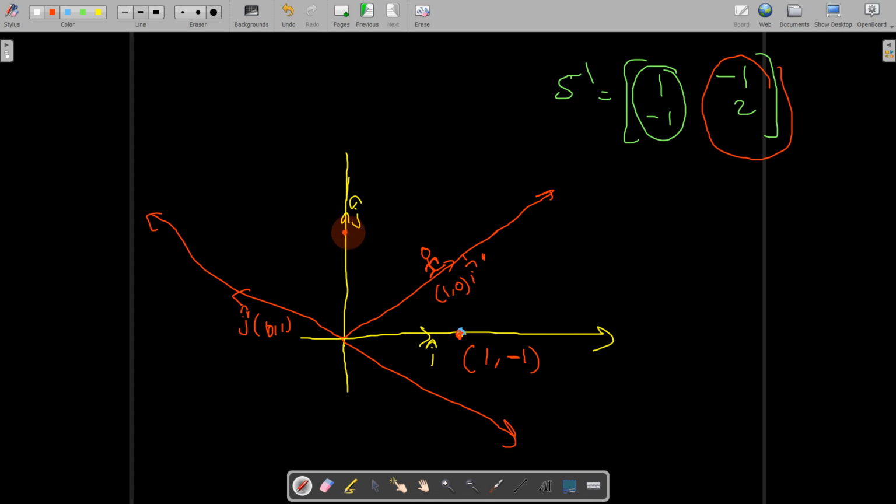So this is minus 1 comma 2. You are right now in the eigen coordinate system. Eigen coordinate system means your eigen vectors are your i cap dash, j cap dash, and all the vectors are measured from these two red bases.